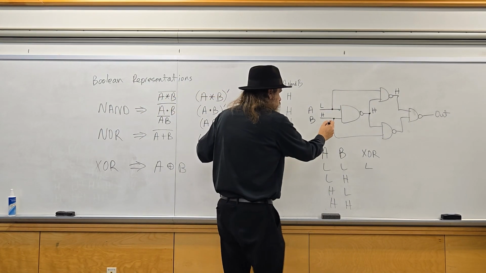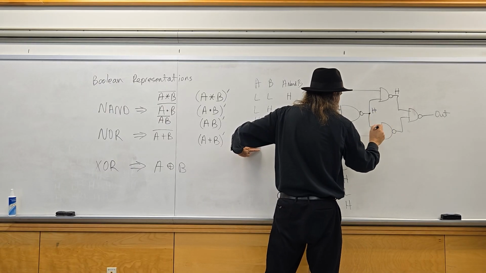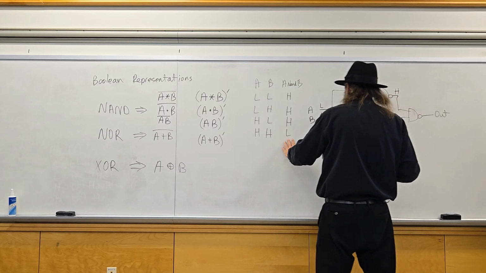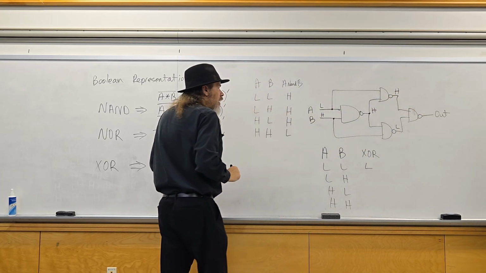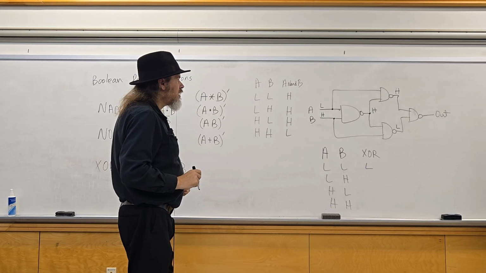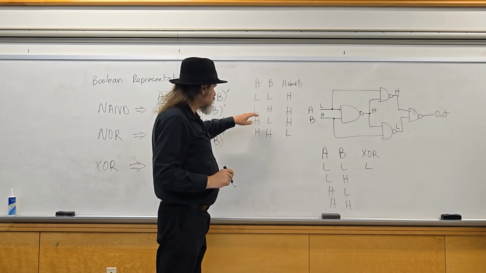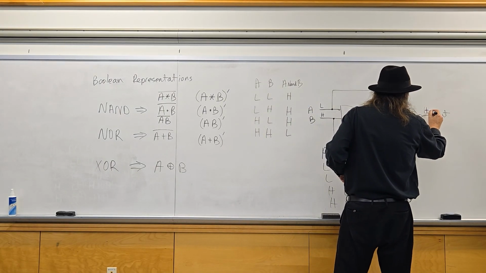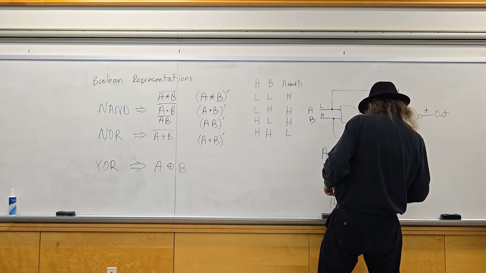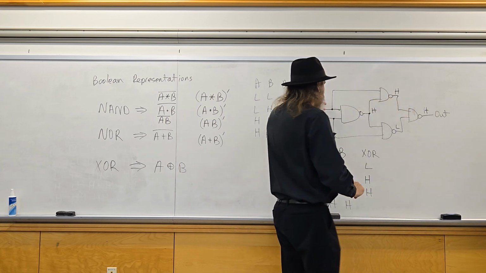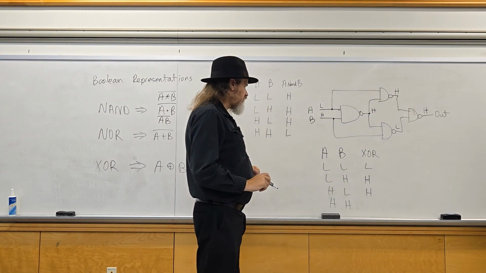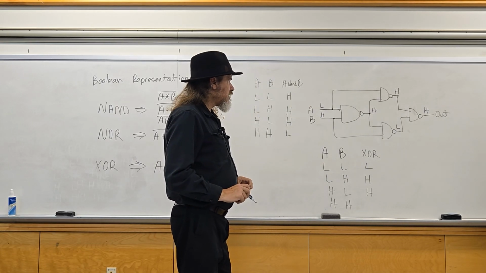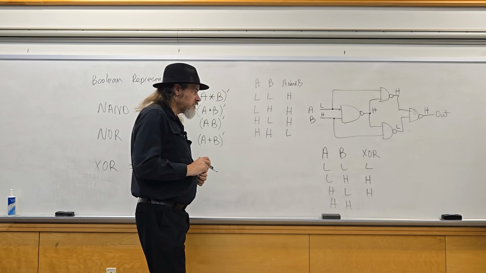A high here and a high here will give you a low on the output here. And then the last one will be a high and a low, which will give you a high output. Just flip it, the mirror image of it, it does the same for the high A and low B. So it'd still give you a high output.